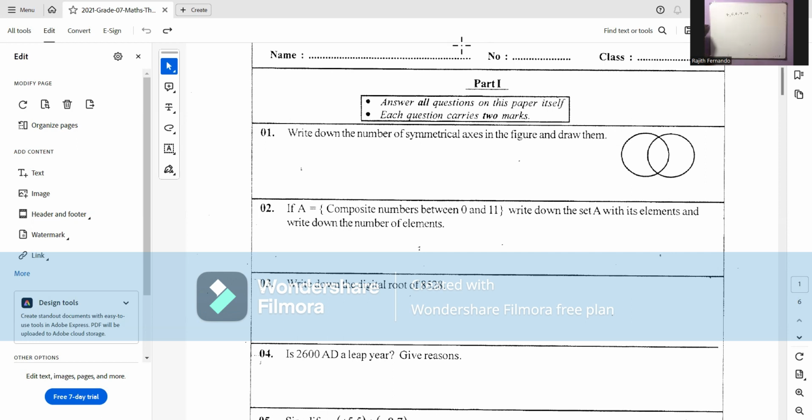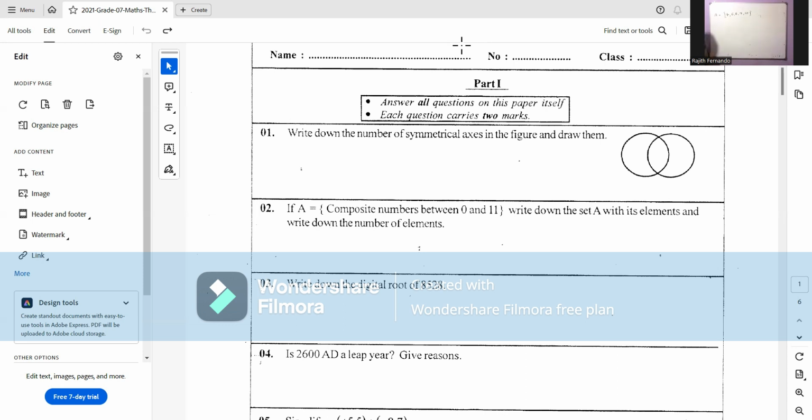Therefore, we can't take 11 since it is not between 0 and 11. Therefore, we can write these as the composite numbers. Then you can understand that 0 is below, because 0 is not between 0 and 11.